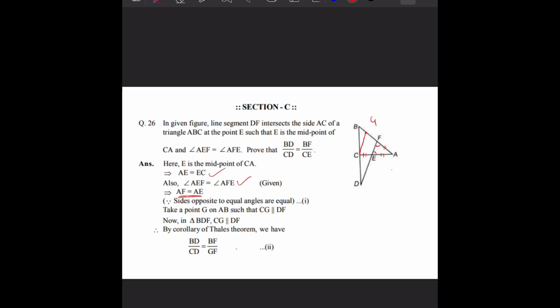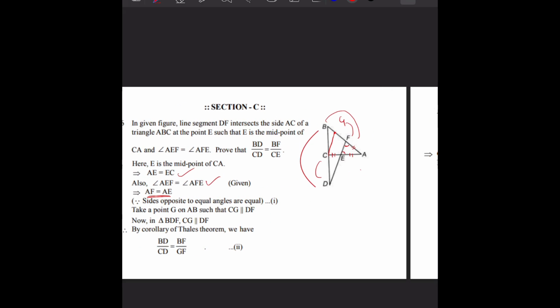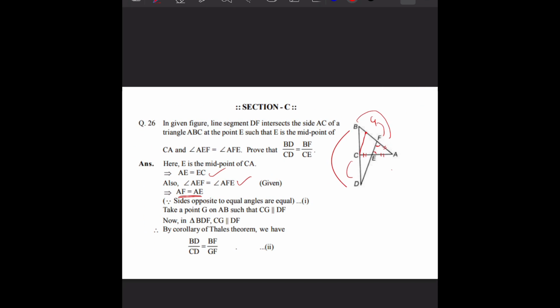If two lines are parallel, BD upon CD will be equal to BF upon GF. I'll call this equation 2, and I'll call AF equals to AE equation 1.